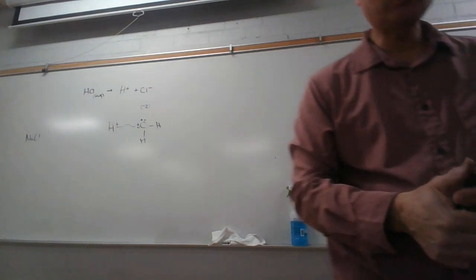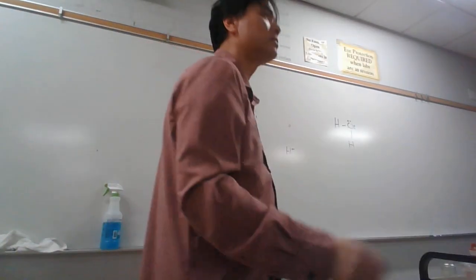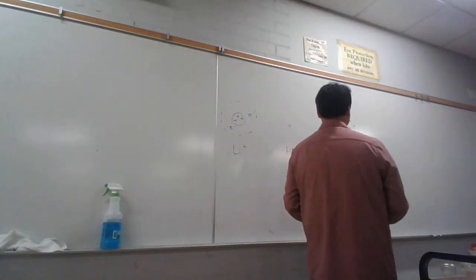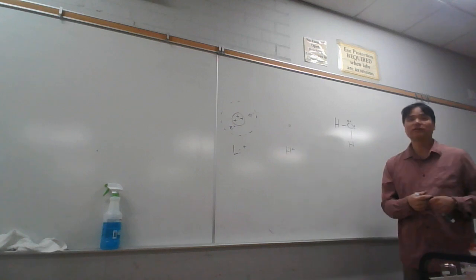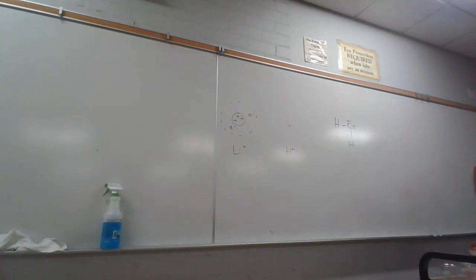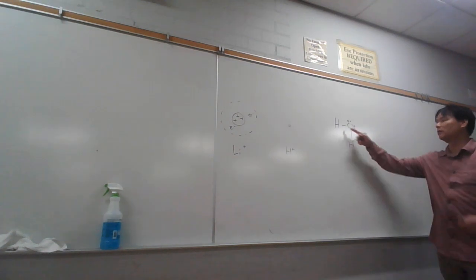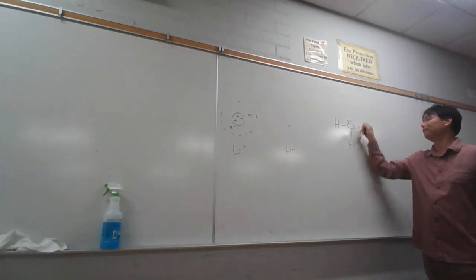Oxidation state, you assume what? That the bond is shared 50-50, or the bond is winner take all? Winner take all. So who's the winner? Oxygen takes all. It takes all the electrons that are being shared. So it takes all these.